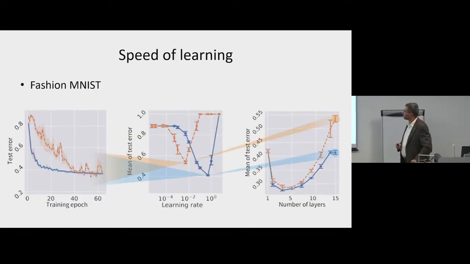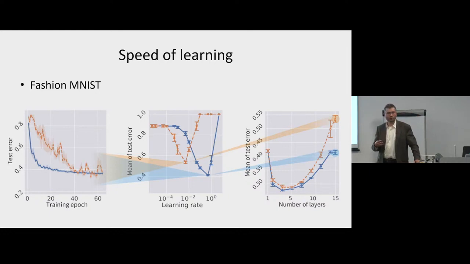So now Yuhang trained the network on Fashion MNIST. And here we have a network with 15 hidden layers. You can see the error on the test set as a function of the training epoch for predictive coding and backpropagation. Of course, the testing error will depend on your choice of learning rate.